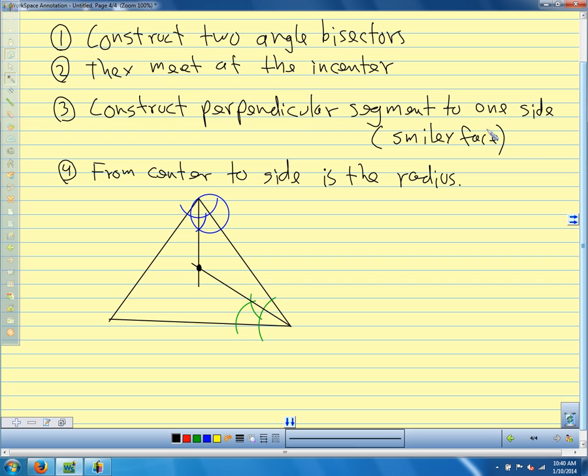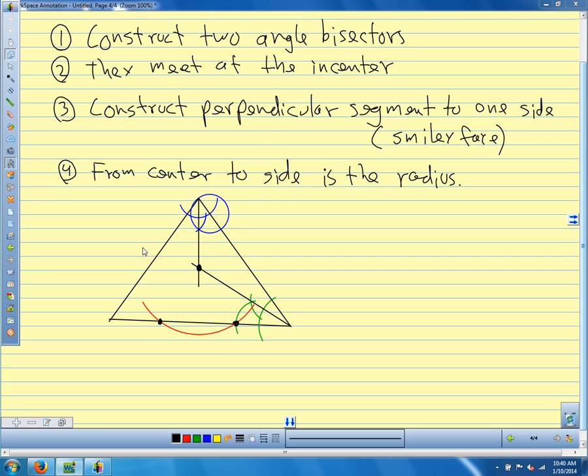Now we need to construct a perpendicular segment to one side of the triangle using our smiley face construction. So I'll do this side. I'll do that in red. So put the point on the center, our incenter. Our smiley face just needs to cross our segment. So there's our smiley face. And now we're just going to do the perpendicular bisector of the segment made by the smiley face.